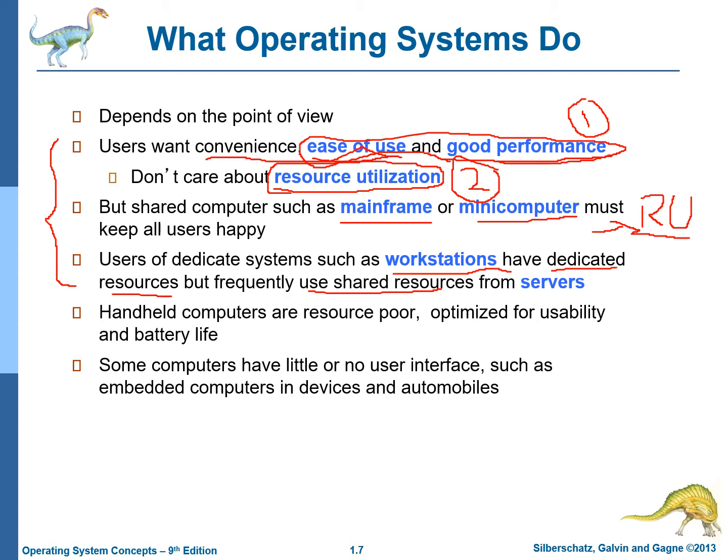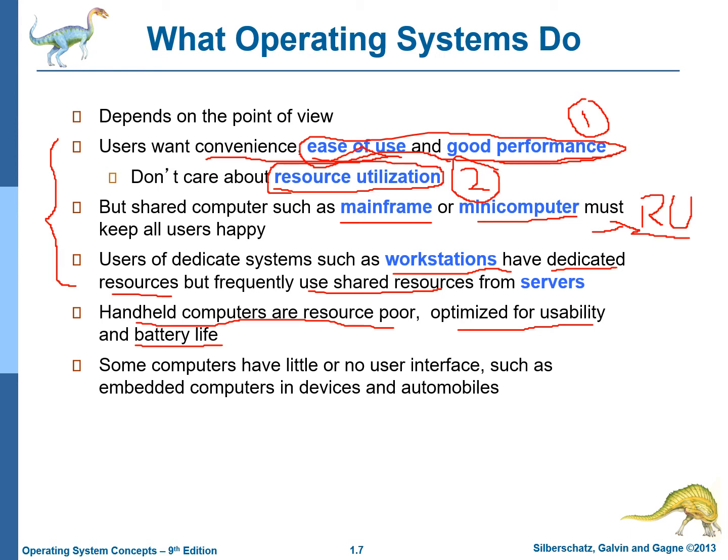In addition, nowadays there are operating systems running in handheld computers like mobile phones or such devices. So these operating systems try to optimize for usability. Usability means user experience, and to optimize the battery life. So the objective of these operating systems is to give good user experience and effective power consumption.